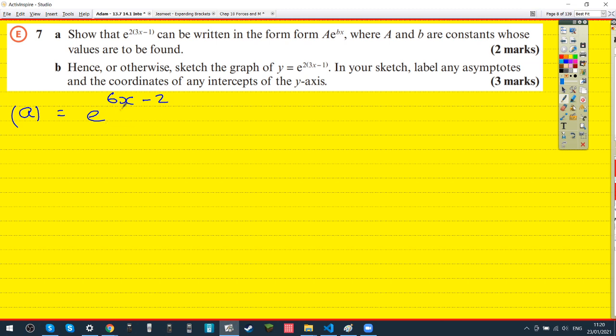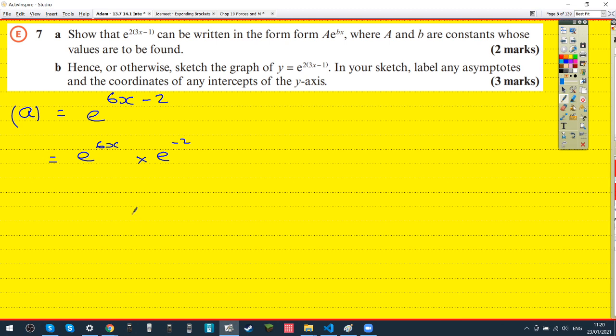So that's the same as e to the 6x minus 2. Yep. You know the way you add powers when they're being multiplied? When you multiply index numbers, you add the powers? Yeah. And so that is the same as e to the 6x times e to the minus 2.